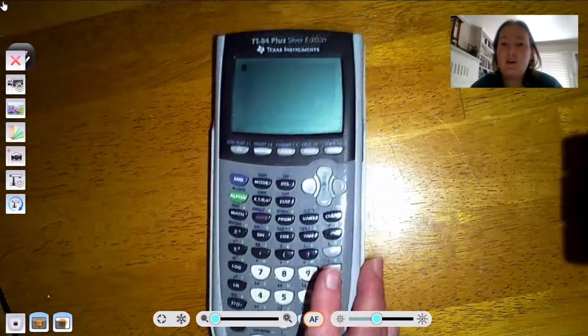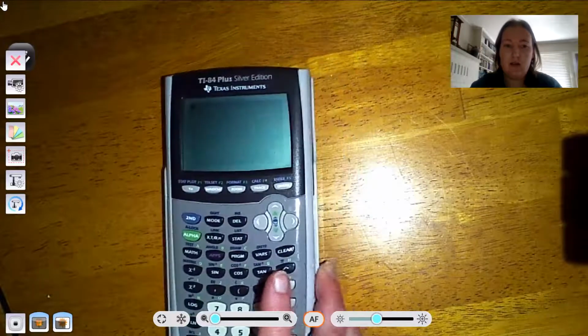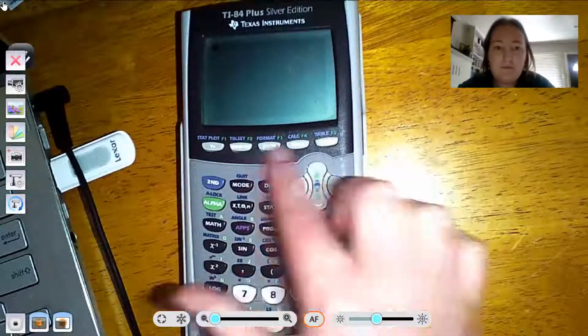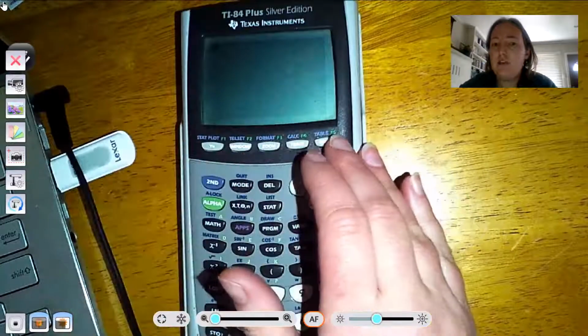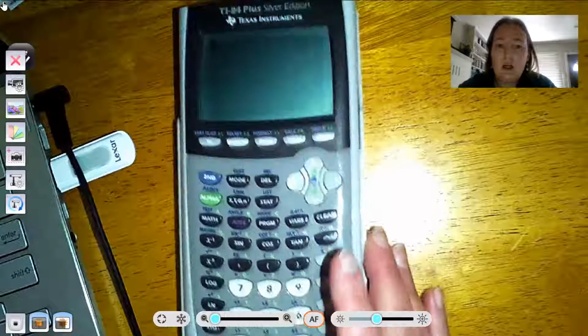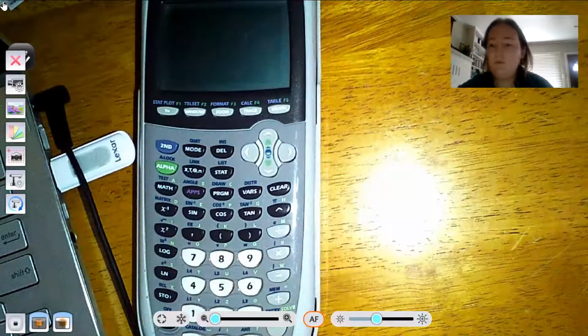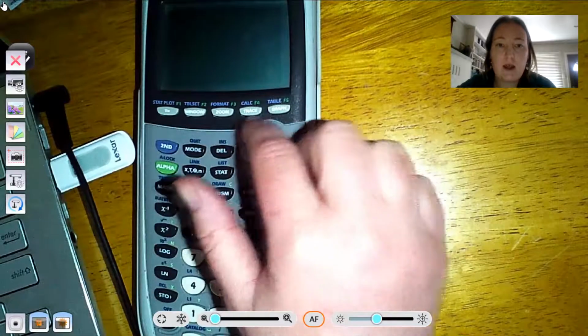All right, so this is a graphing calculator. So let's also talk about the graphing functions of it. So the bar up at the top here is really the location for most of what you're going to be doing in terms of the graphing stuff. So there's y equals, window, zoom, trace, and graph.